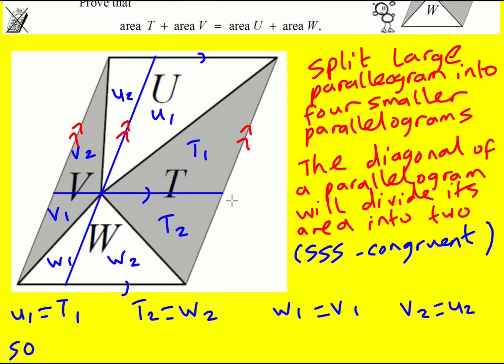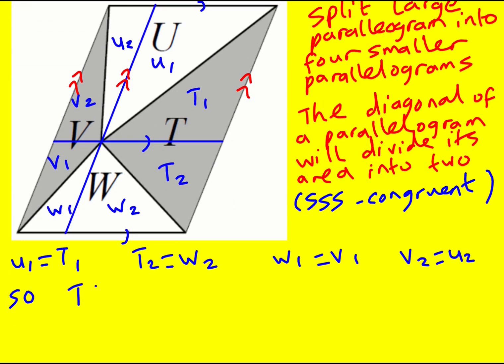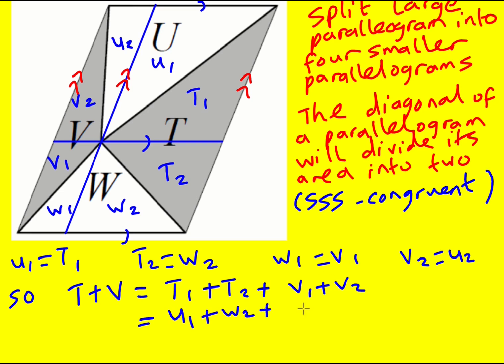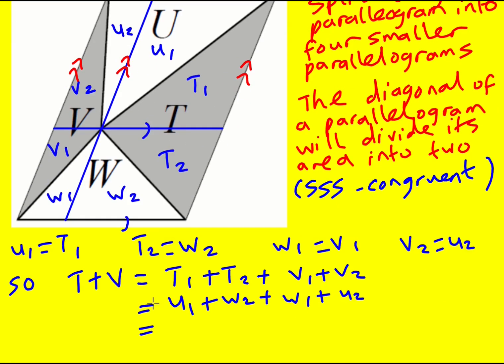So T plus V is going to equal T1 plus T2 plus V1 plus V2. Now I can use these results. U1 plus W2 plus W1 plus U2, which is equal to U1 plus U2 plus W1 plus W2.